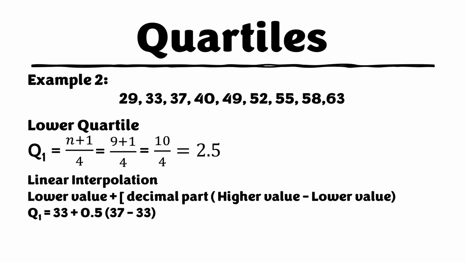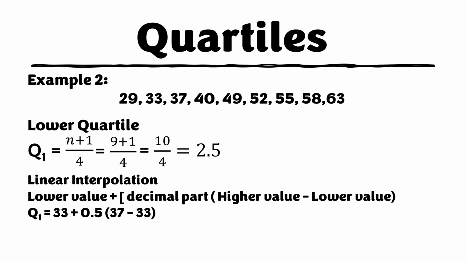So here we have Q sub 1 is equal to 33. Where did we get 33? Since we have 2.5, the 2 is the second data or the second observation, so we have 33. 29 is the first, and 33 is the second. That's why we have 33.